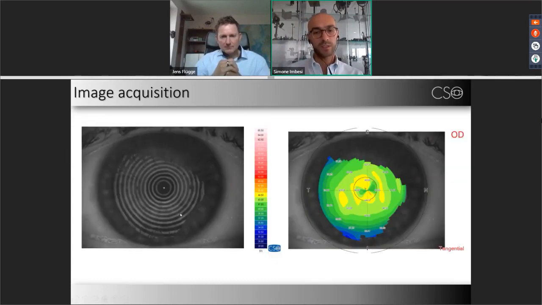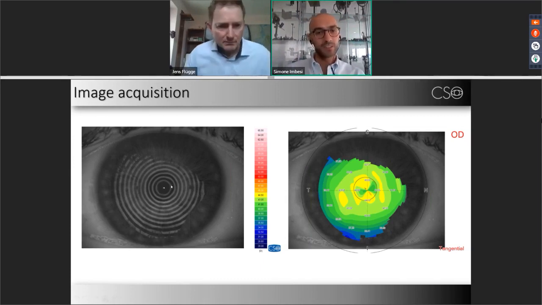Another important thing that you have to pay attention to, and I heard it before in the question, is a hot theme. It is the tear film. The tear film, talking about keratoscopy, is even more important with respect to aberrometry, because here, pay attention to the central part.